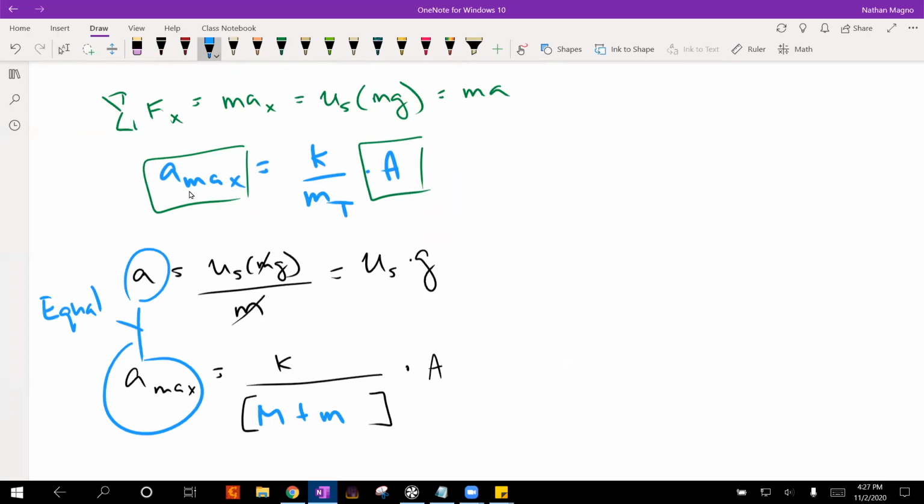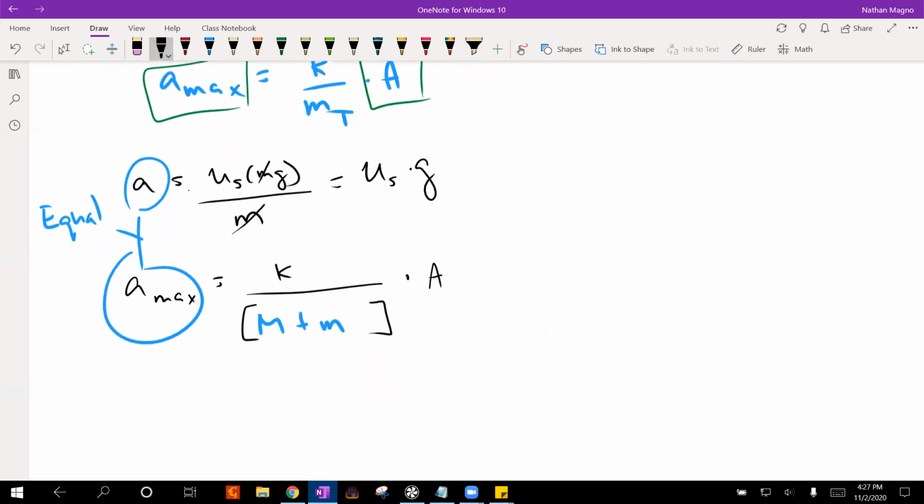And then we're like treating the whole thing as a system. So basically they're moving together with the same frictional force that the top block is applying to the bottom block. Yeah. So now working it further, we know mu s times g is our acceleration that we found previously, times k, which is our spring constant.